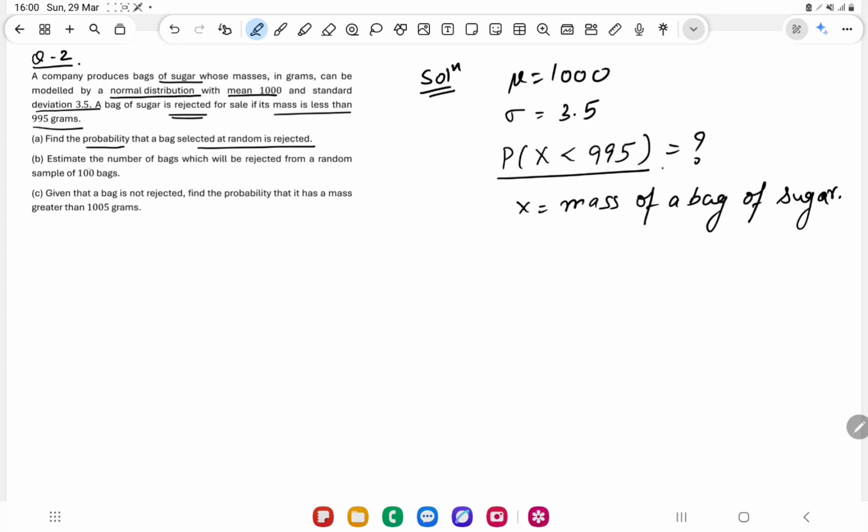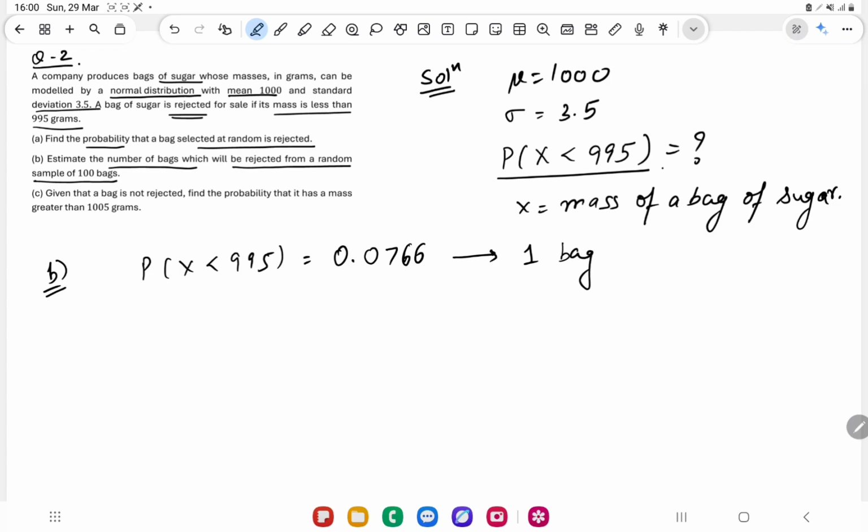Now in B part, estimate the number of bags which will be rejected from a random sample of 100 bags. What is important here is that from A part, my probability of x less than 995 was 0.0766. But this was for a particular bag, that is for one bag.